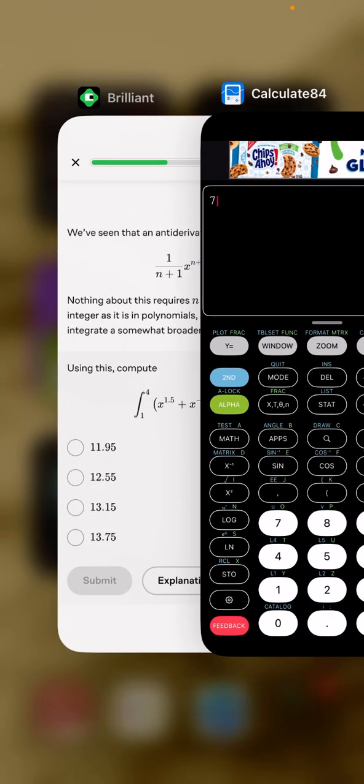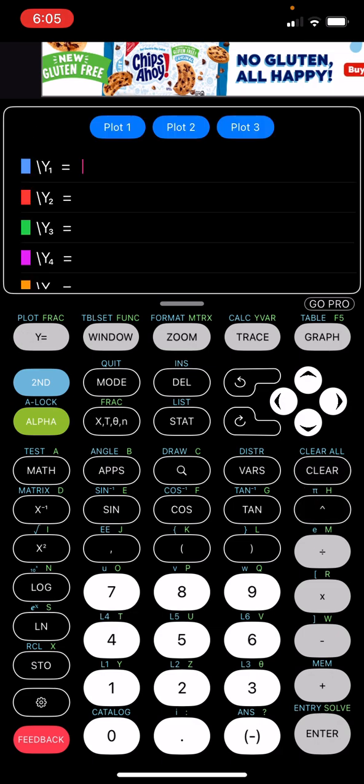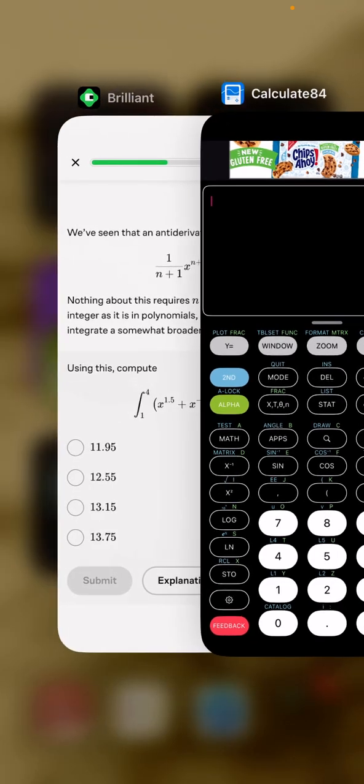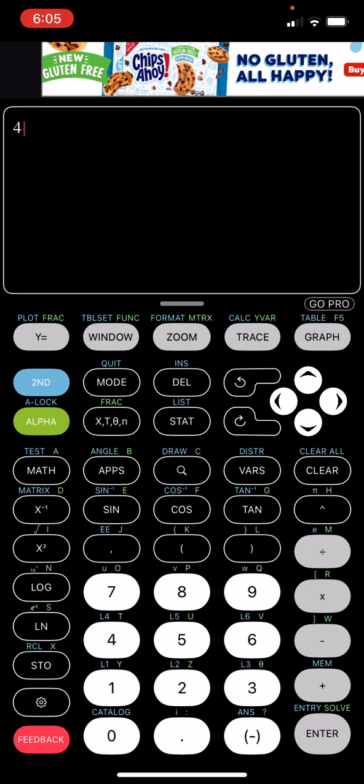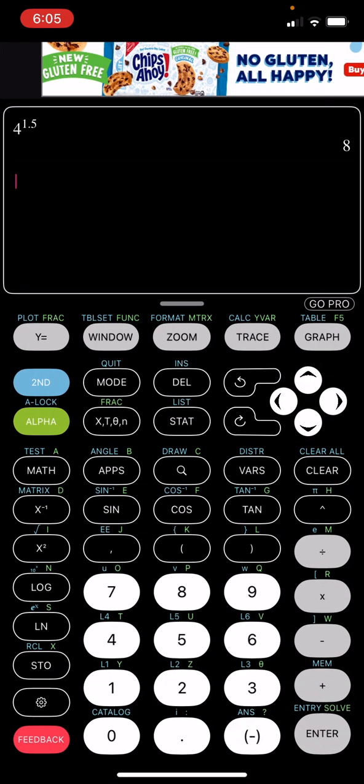So we kind of just want to undo it. So let's just do y as an example. X is 4 to the 1.5, to 8, and then 4 to the 2.5.